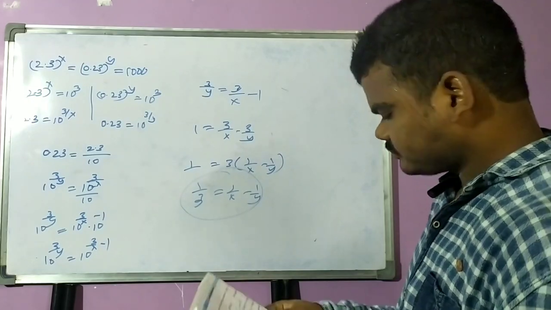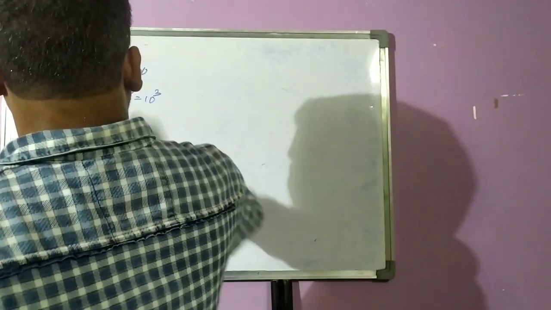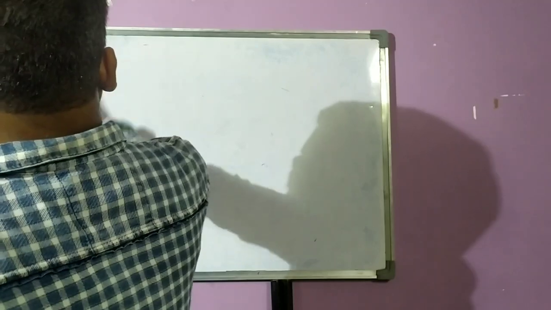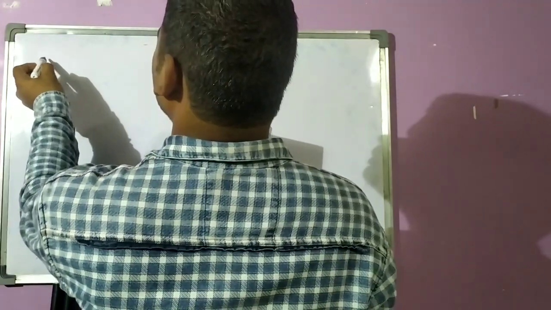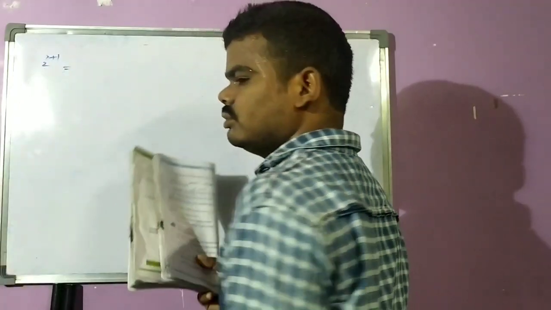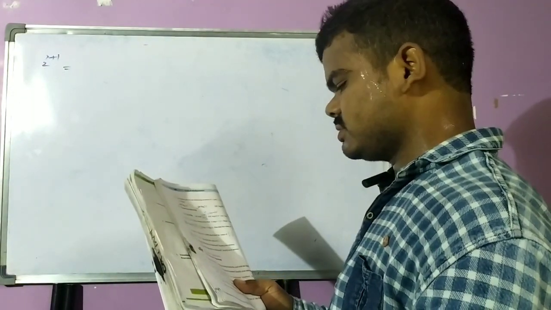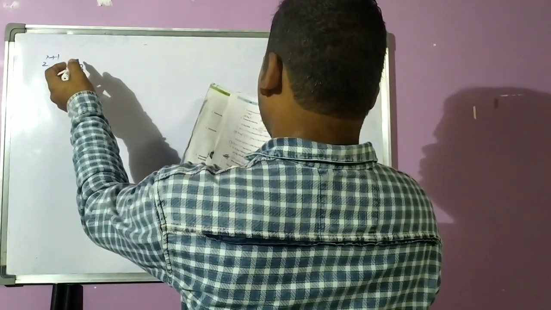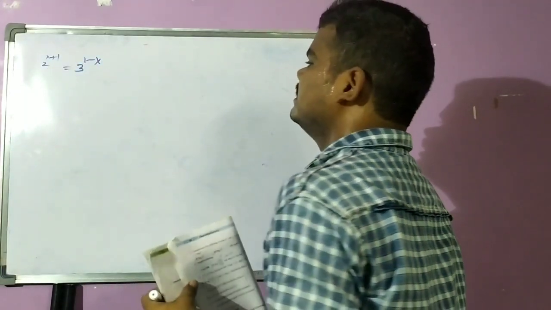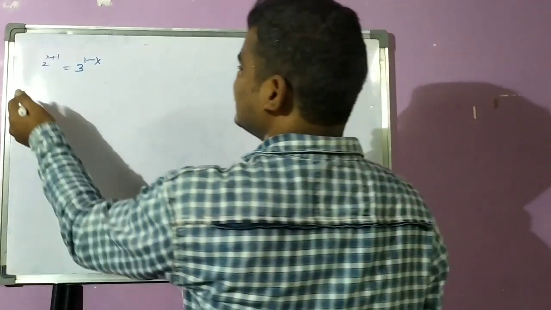Next one. Eighth one. 2 to the power of x plus 1 is equal to 3 to the power of 1 minus x. See, apply log on both sides.